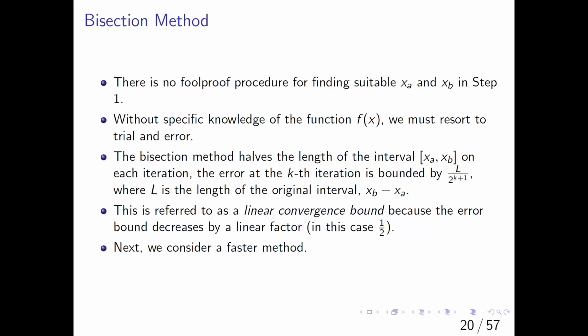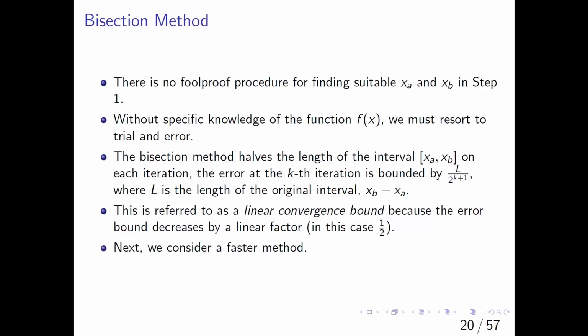The bisection method is by far the most straightforward method for solving nonlinear implicit equations. But there are some tricky things with bisection. First of all, there is no foolproof procedure for finding suitable xa and xb.